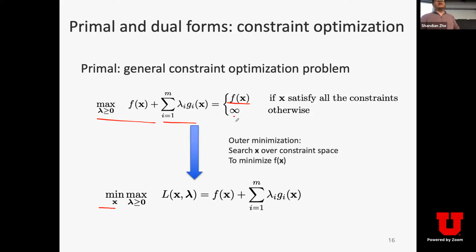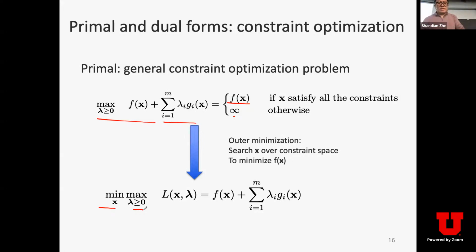And we can see the benefit here. Although we introduce two-level optimization, we have to do minimax, we have to optimize x and also lambda. The benefit is, first, I greatly simplify the constraint. Now the constraint is over the Lagrange multipliers lambda only, and the non-negative constraint is just a box constraint.